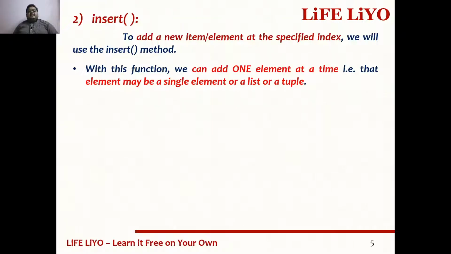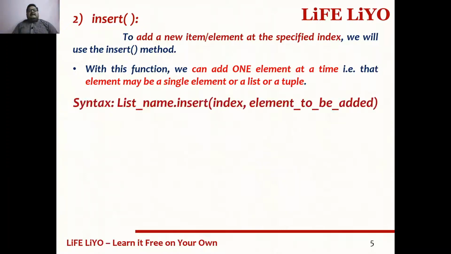But in the insert method, if you want to add a new item or element at the respective index, that is the key thing here. So the syntax is list name dot insert, and in which index you want to insert, and the element to be added.